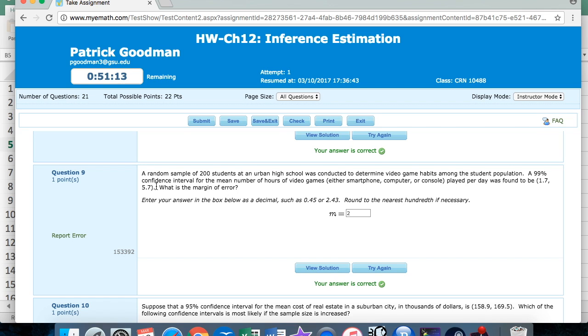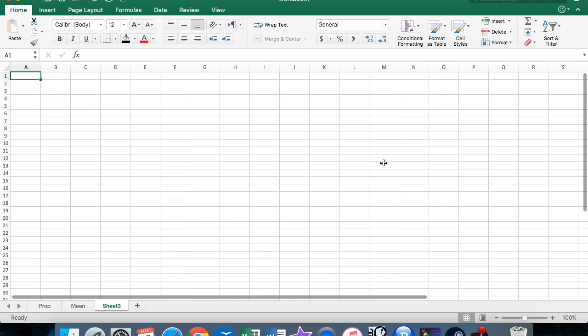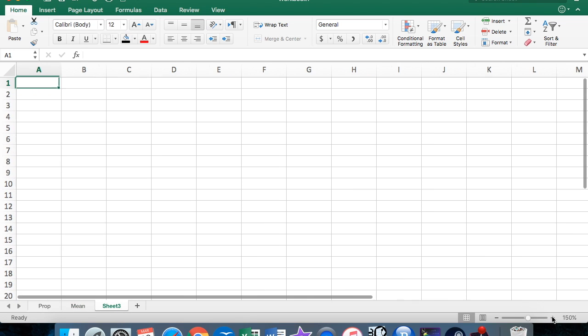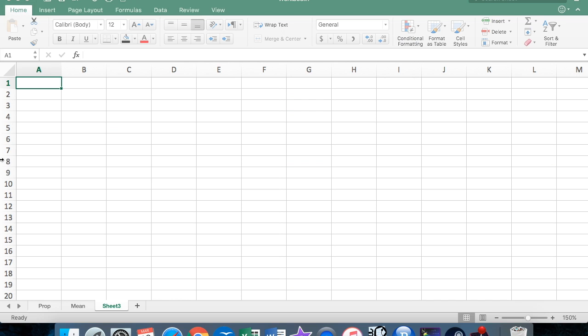So all you have to do is first find your mean. So let's find our mean in this problem. My mean would be the average between these two guys.